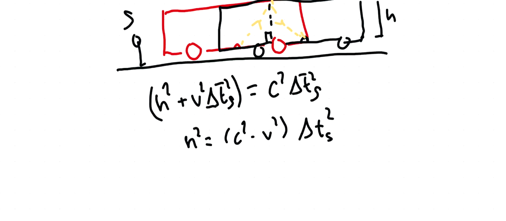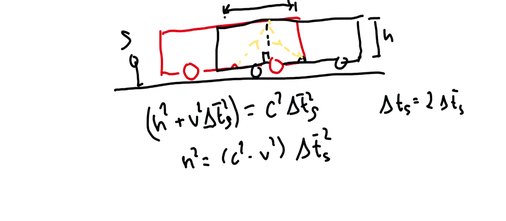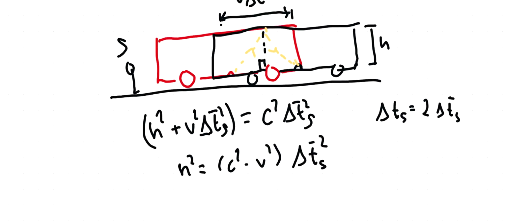By bar, I mean delta t s is equal to twice delta t s bar, because this equation, the way I've written it, considers only part 1 when the light goes upwards. But the part going down obviously has to be the same, because the light is going to reflect on a mirror and come back the same way.